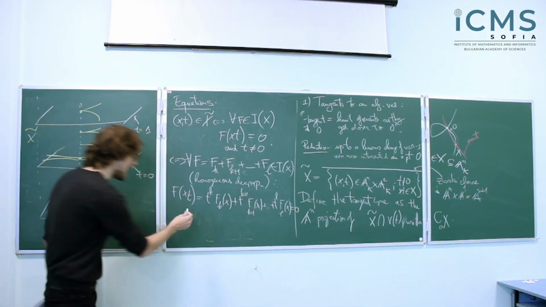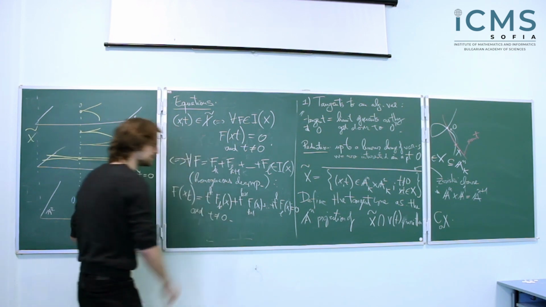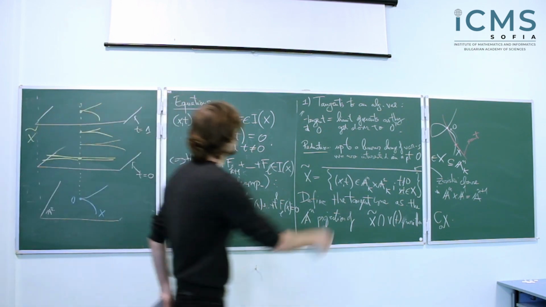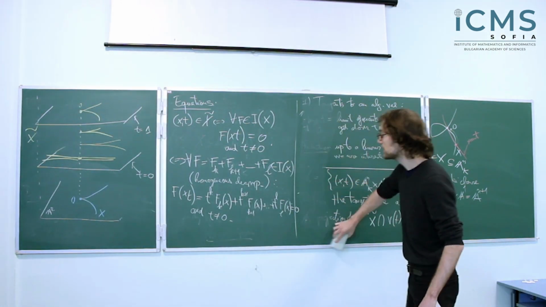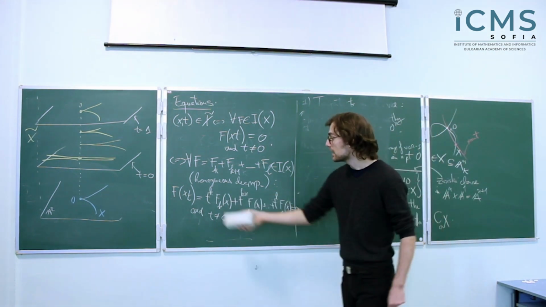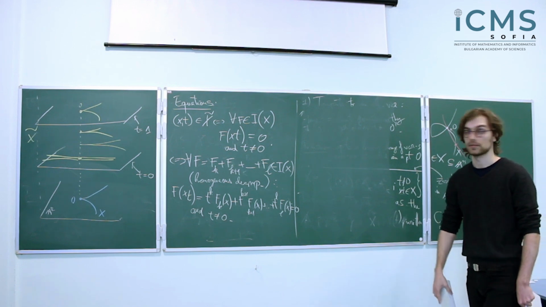And t is different from 0. But wait a second, if t is different from 0, then I can factor it out, because all of these are divisible by t to the power k, so I can just take it out, right?